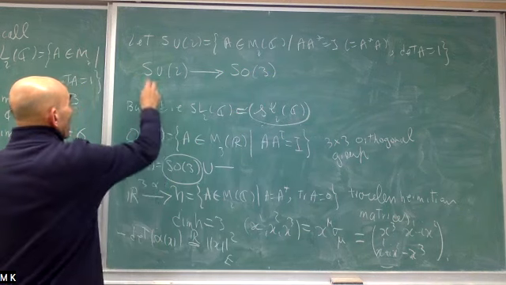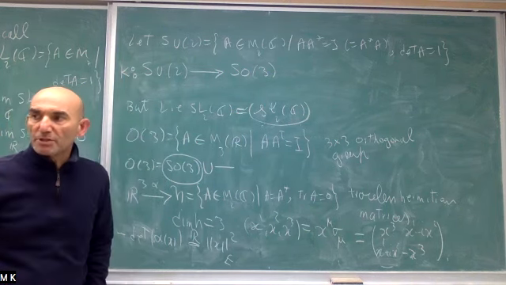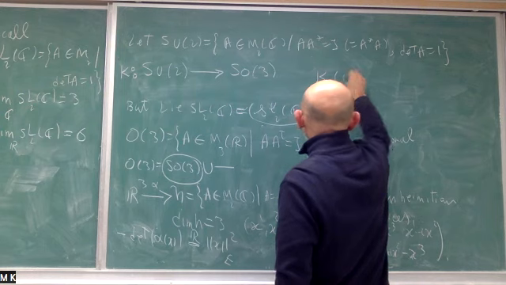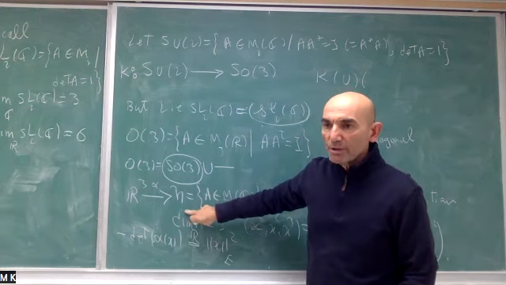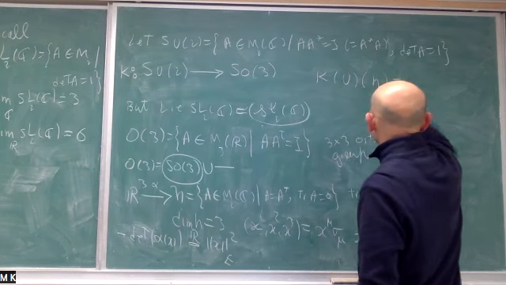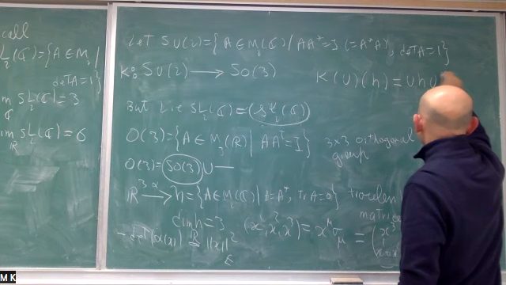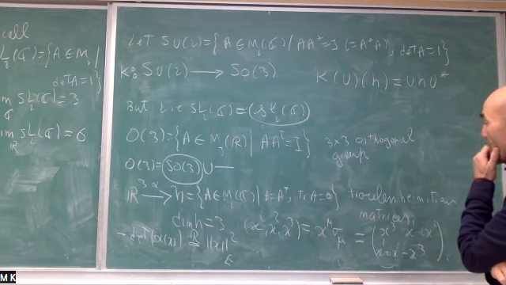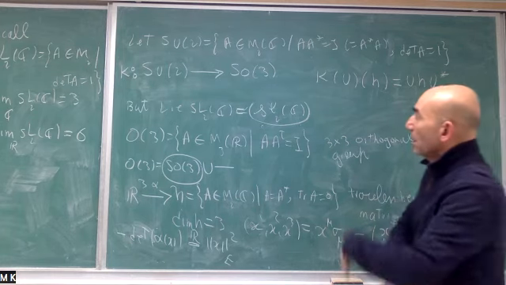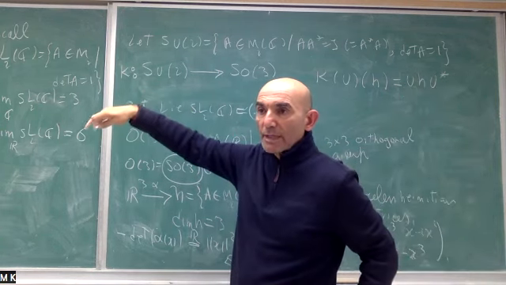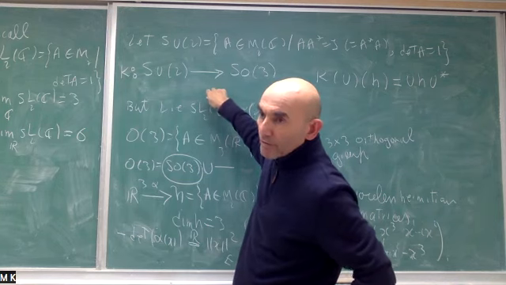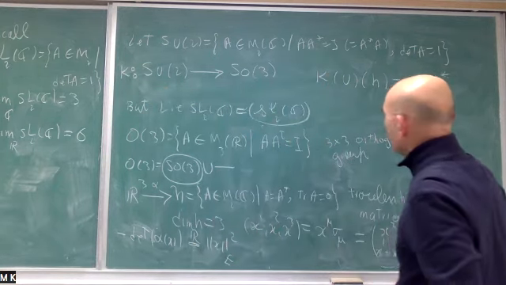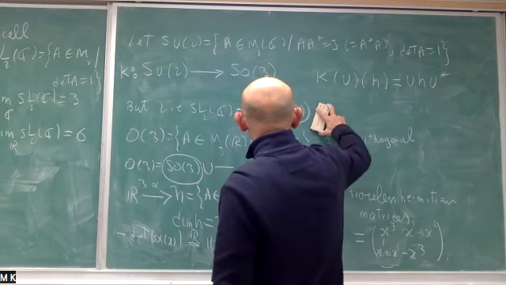The map is like this, and again, let's call it K. I just use the same notation as K. So K of some unitary matrix U acting on some Hermitian traceless matrix H is going to be equal to U H U star. And similar to the case that we had before, you can check that this is actually the universal covering map, because you know that this group is simply connected and so on. So this is actually the universal covering map of SO3.